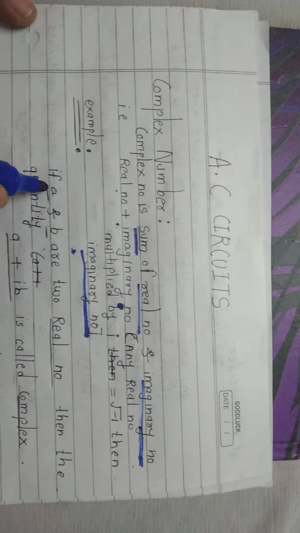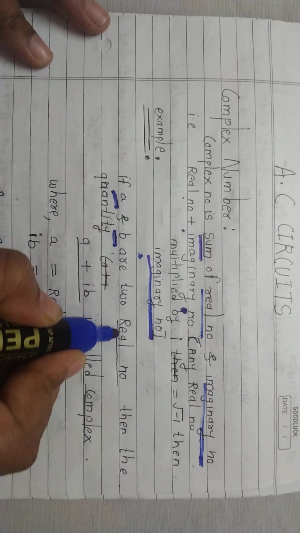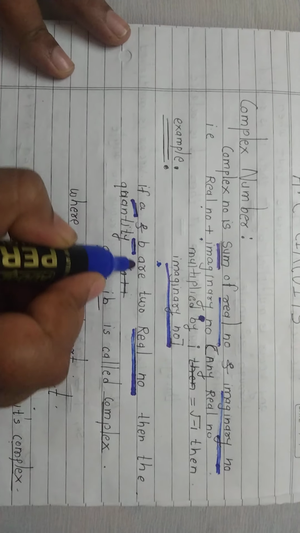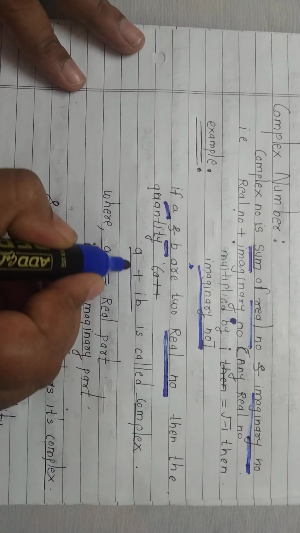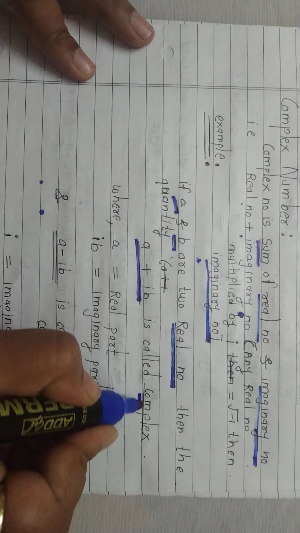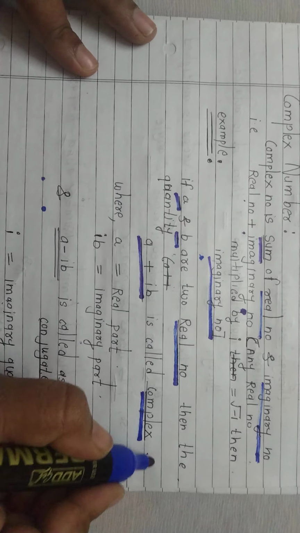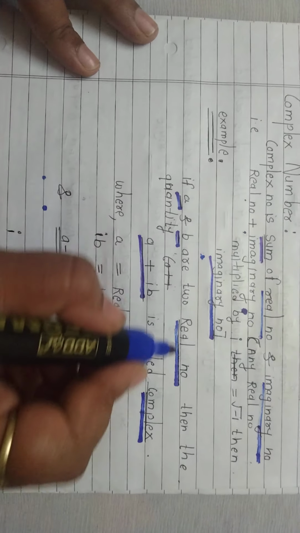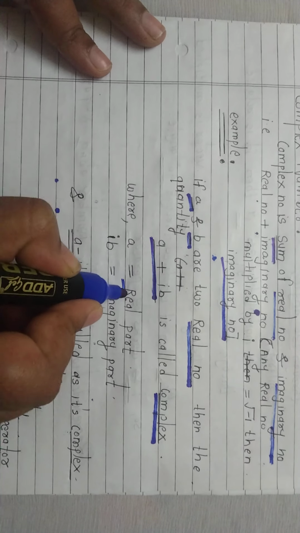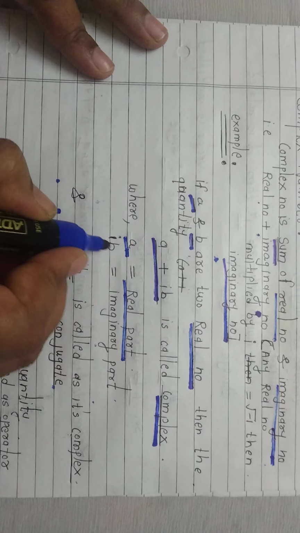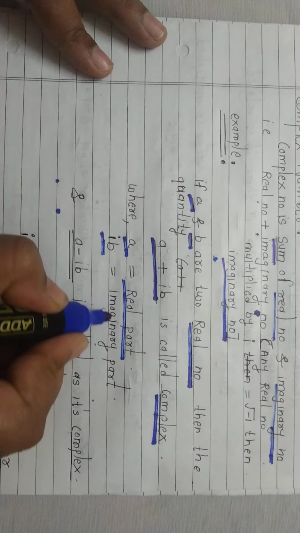For example, if a and b are two real numbers, then the quantity a plus ib is called a complex quantity, where a is the real part and ib is the imaginary part.